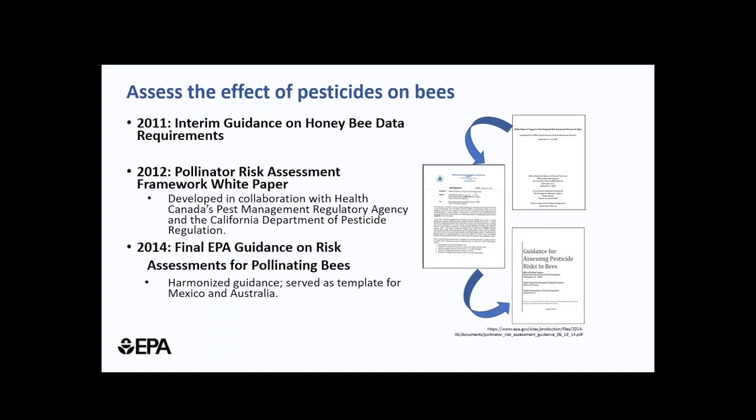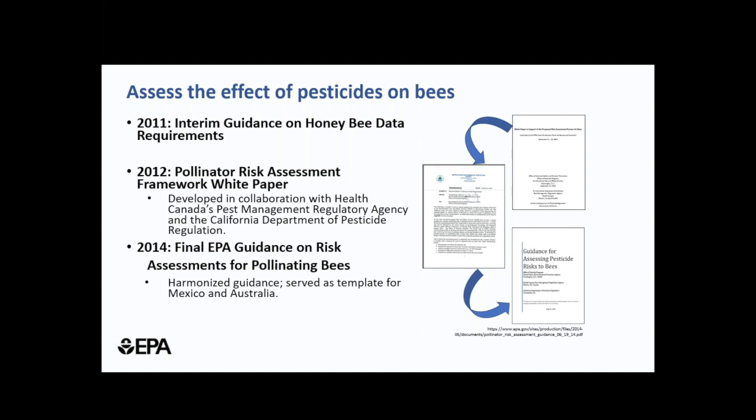As with many things, the agency's process for conducting risk assessments in support of regulatory decisions is described in a series of publicly accessible guidance documents. In 2011, EPA issued interim guidance on exposure and effects data on bees. This guidance was based on the agency's understanding of the evolving science through a 2011 Society of Environmental Toxicology and Chemistry Global Pellston Workshop on pollinator risk assessment, and by work underway in Europe through the European and Mediterranean Plant Protection Organization.